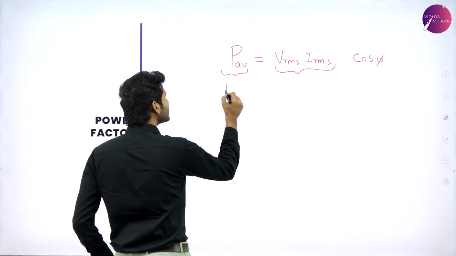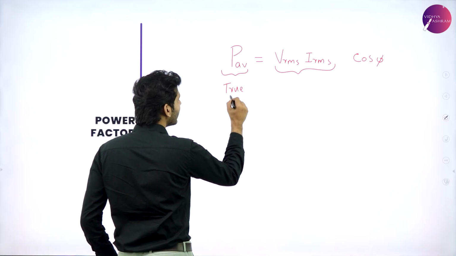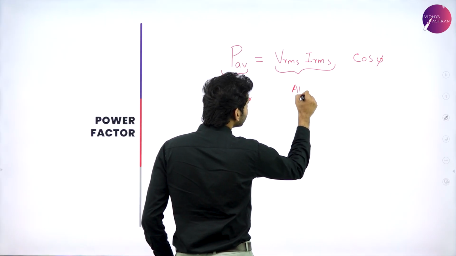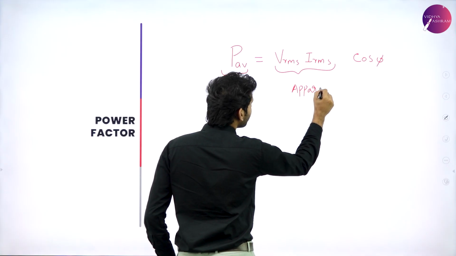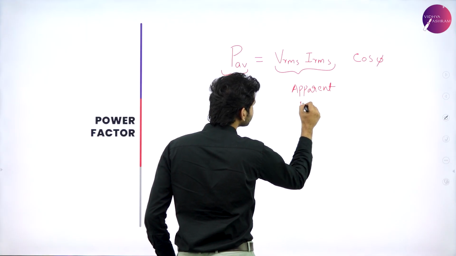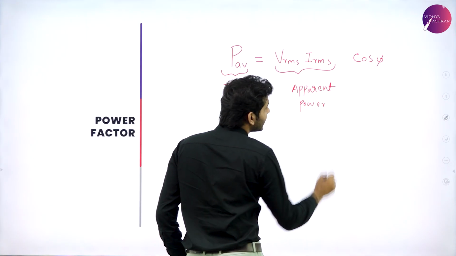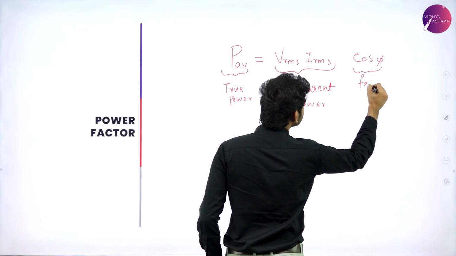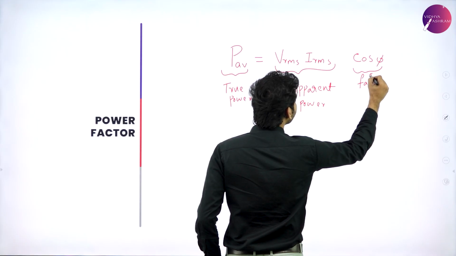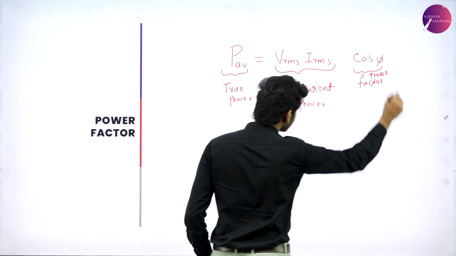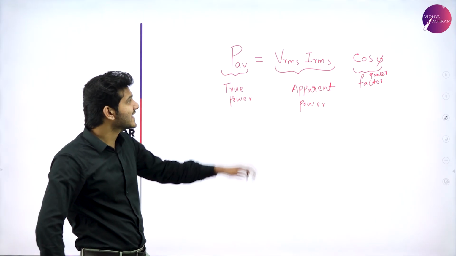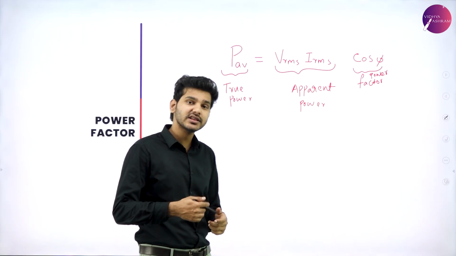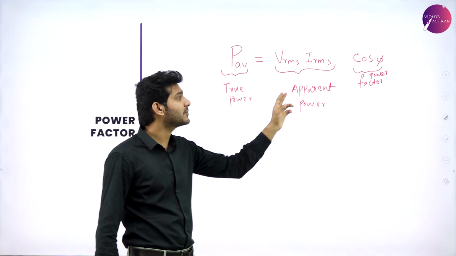So the equation states that true power is equal to apparent power times the power factor. This cos phi is known as power factor. The thing you have to understand is that these are the virtual values of voltage and current. Together they are also called apparent power.